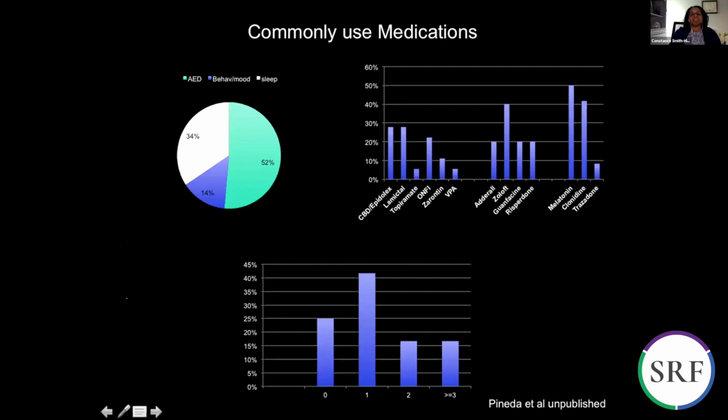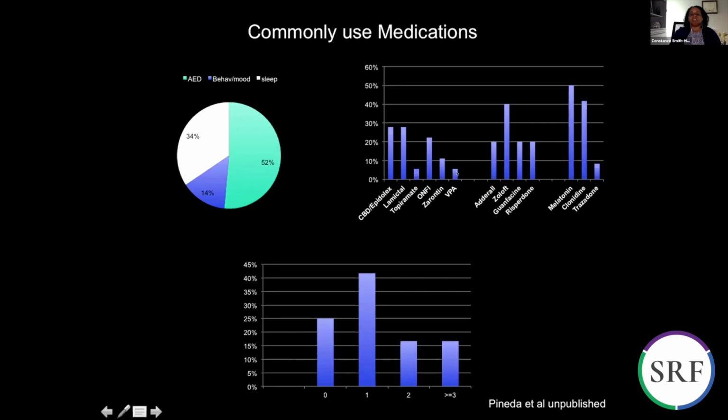Now, medications that are commonly used in our cohort, certainly the anticonvulsants. This is followed by medications that target sleep, and then medication that targets behavior or mood. The most common anticonvulsants in our group were the CBD Epidiolex, lamotrigine, and clobazam.